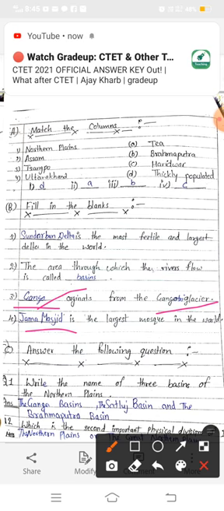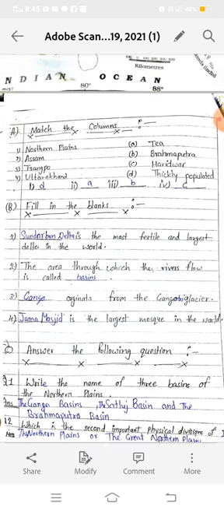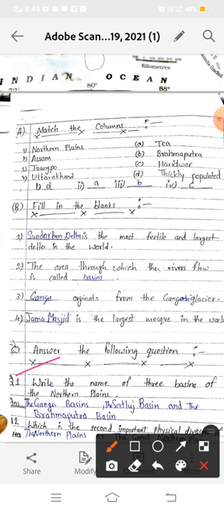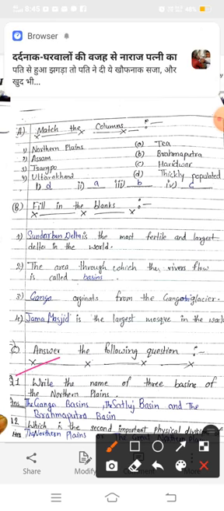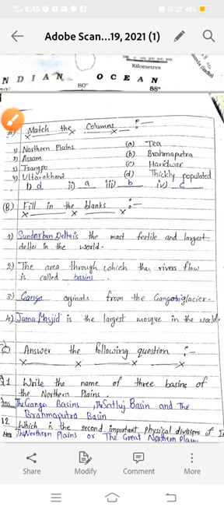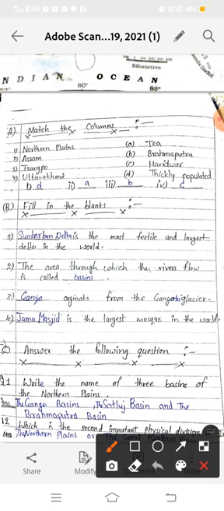Now answer the following questions. We have two questions here. The first is to write the names of 3 basins of the northern plains. Which are the 3 basins?